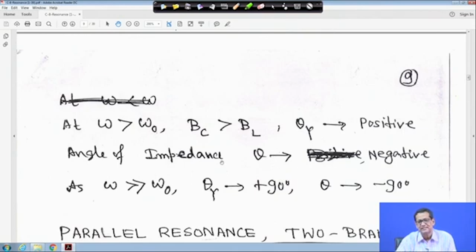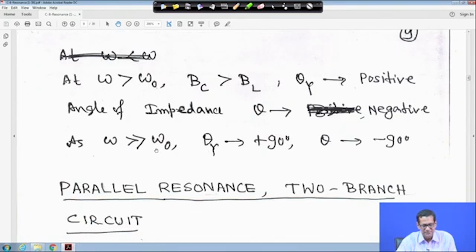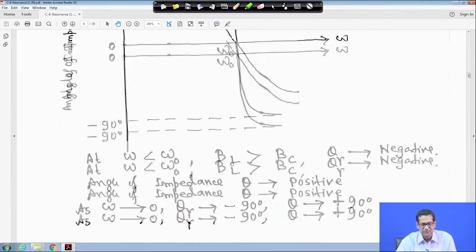This is just put in that expression, a very simple thing it is. When omega is much greater than omega 0, at that time you will see theta y is plus 90 degrees, that is, the angle of impedance will be minus 90 degrees.